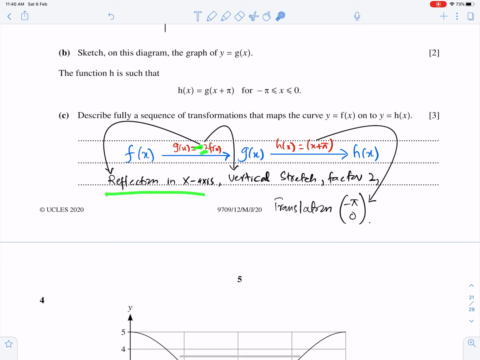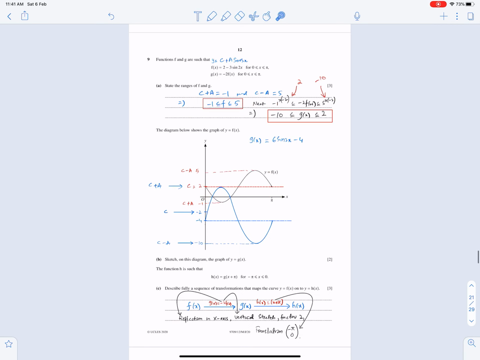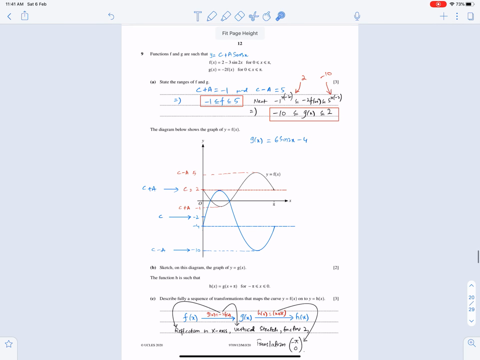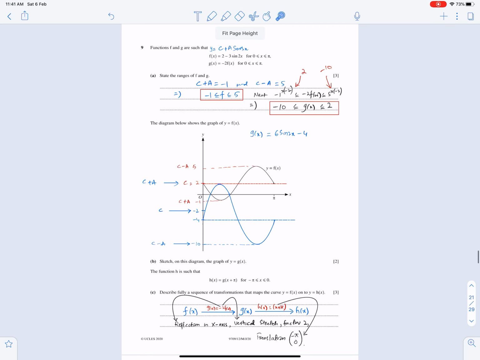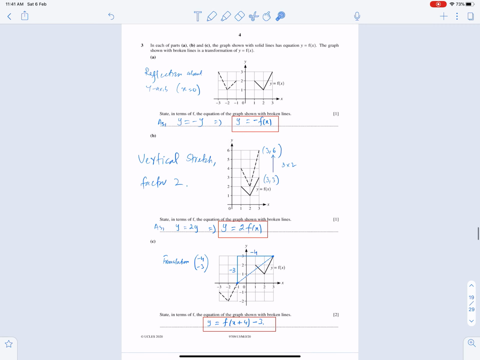This 2 means vertical stretch factor 2, and this plus pi means translation vector minus pi 0. If you want to take the screenshot of this question solution, you can. And you can take the screenshot of this question solution as well.